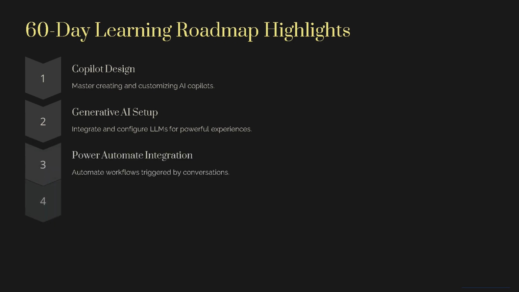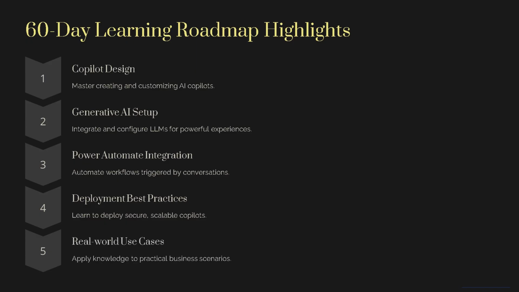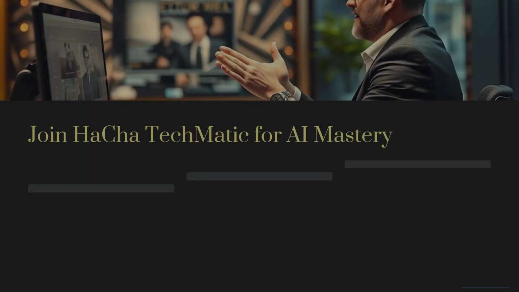Then we would go with Power Automate integration as well, and look at how, once we integrate Power Automate, we can automate the triggering of a workflow. Then deployment-based practice: how we can deploy it and how it could be utilized on a larger scale and with security. And then we would look into real-world use cases, applying knowledge to practical business scenarios as well.